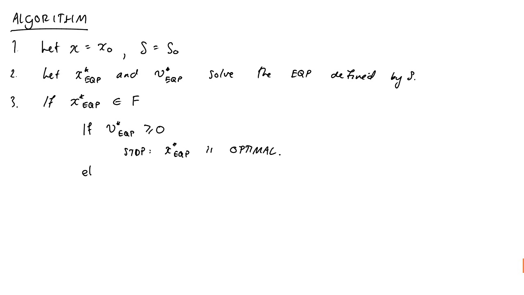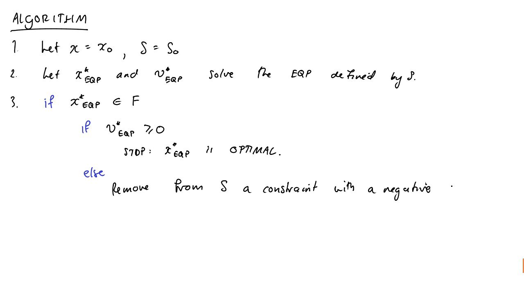Otherwise, remove from S a constraint with a negative lambda star EQP entry.